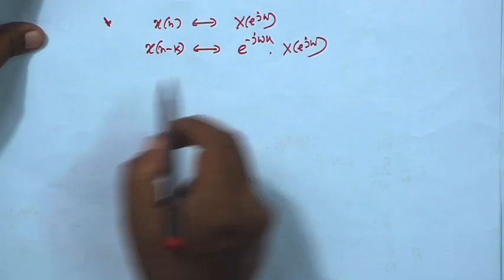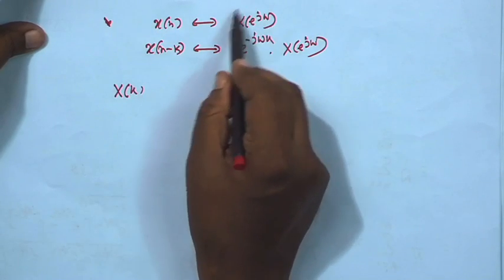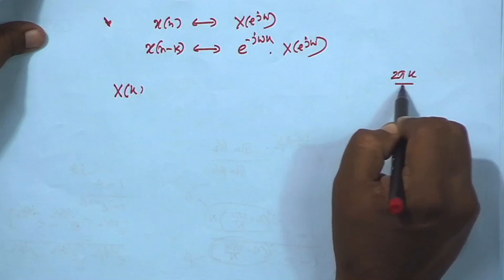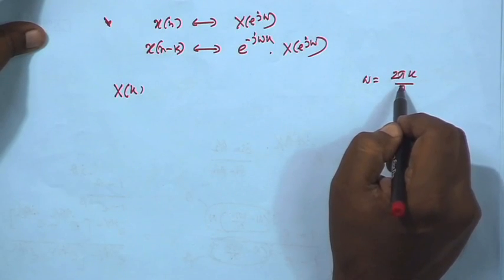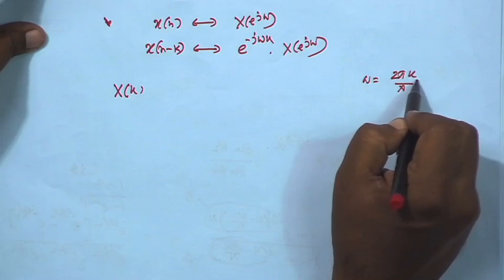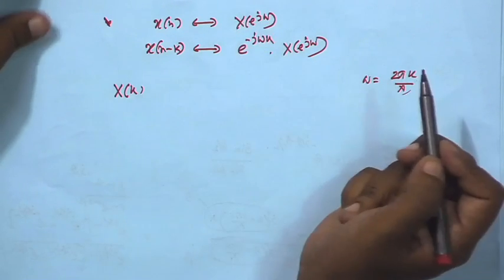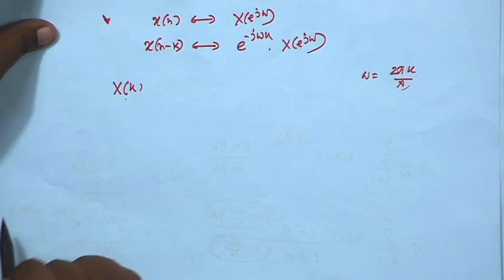Now, I ask a question. Suppose capital X k, which is nothing but sample of this DTFT at 2 pi into k by n at that much omega. 2 pi by n is the basic period, k sample means k times the basic period. So, at that frequency, if you find out the DTFT, that is DFT, discrete Fourier transform, and that we call capital X k.